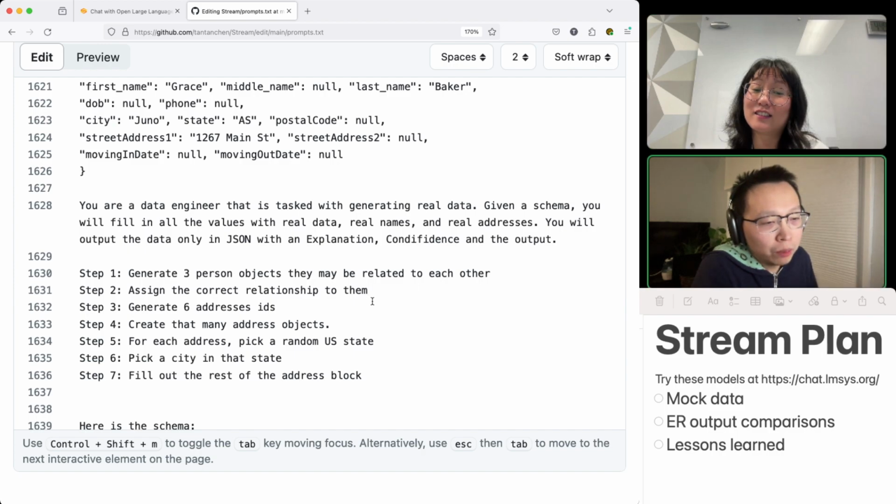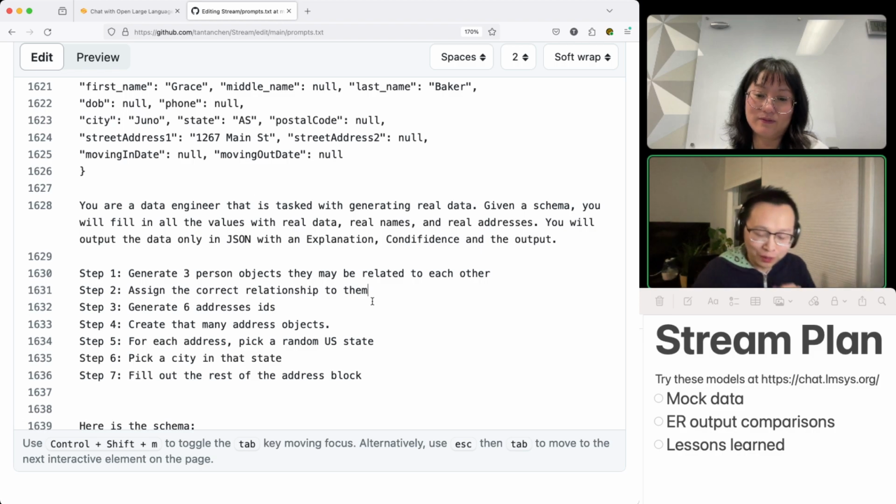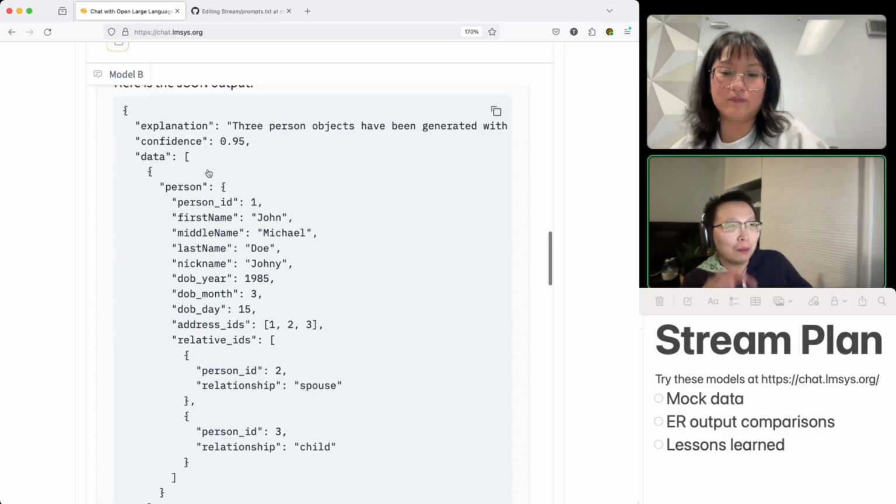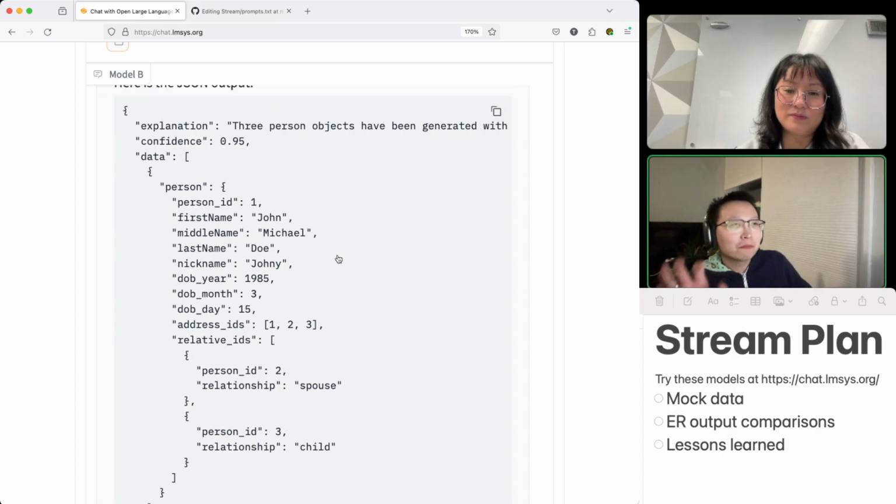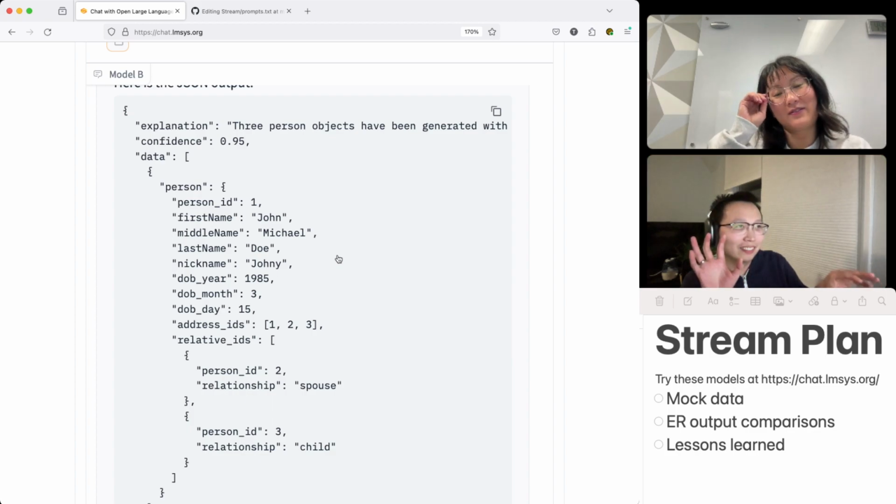Basically, don't forget to use LLMs for help in formulating problems. I understand what he's saying now. I think what this guy's saying is that outside of this prompting, we can just open up another chat and say, hey Minstrel, I'm trying to do mock data generation with a relational schema.